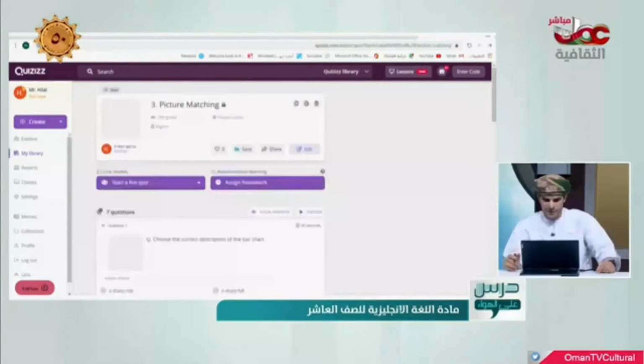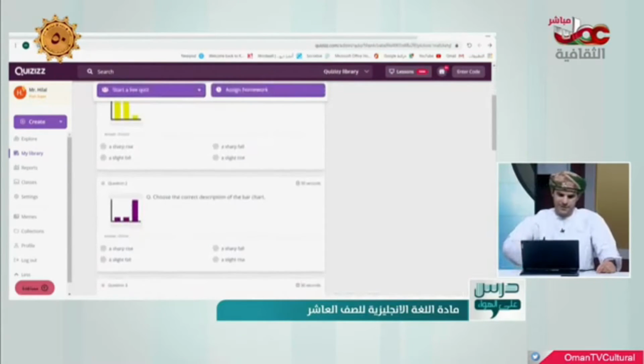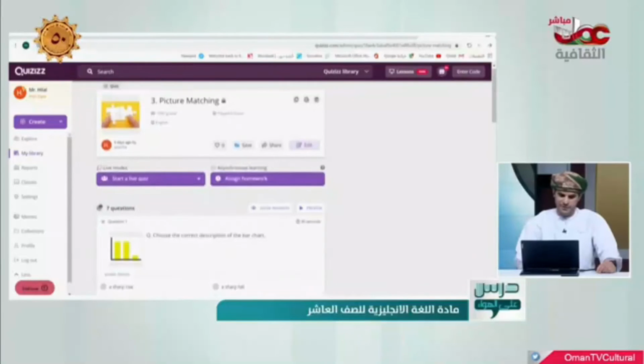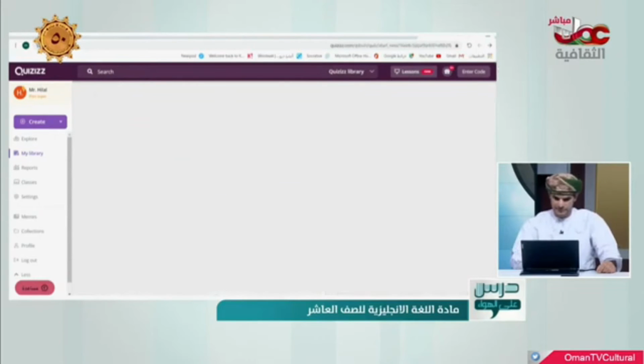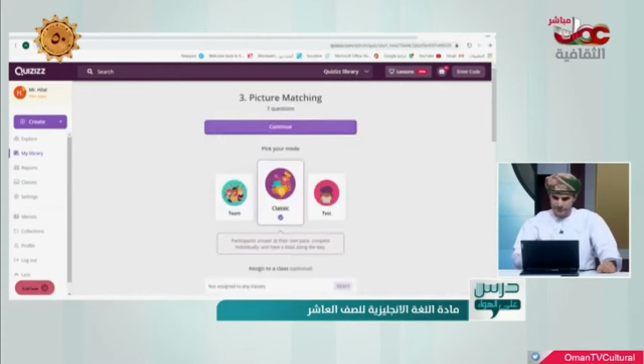Are you ready with the picture matching? As you can see here, we have some pictures. So let's start. I want you to rock and roll this time. Just 7 questions.